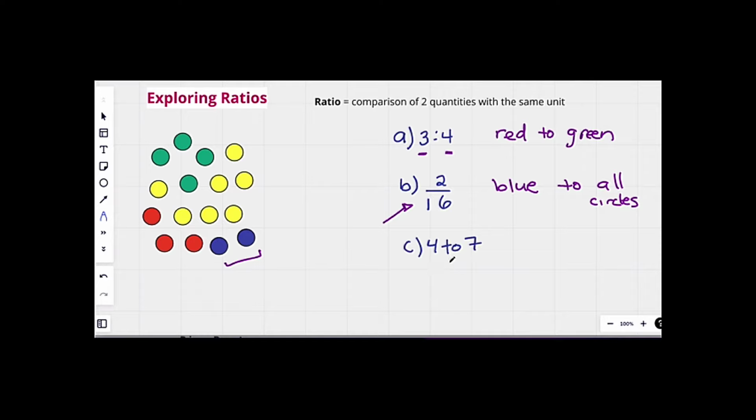And if you'll notice, this is a different way to write the ratio. I said that you could write the ratio when you're looking at part to part as 3 to 4 this way, or 4 to 7 this way with the word to. Okay, so we're comparing a part to part, which is 4 to 7. What do we have 4 of? All right, we've got our green circles, so we know that's going to be green.